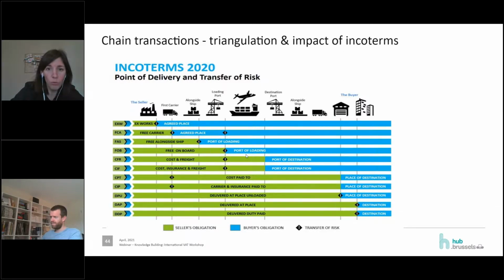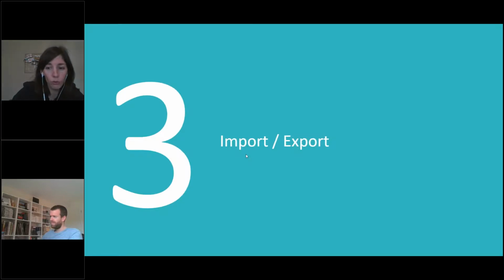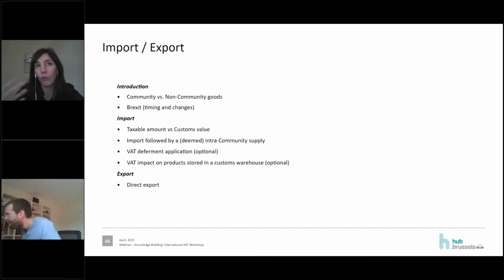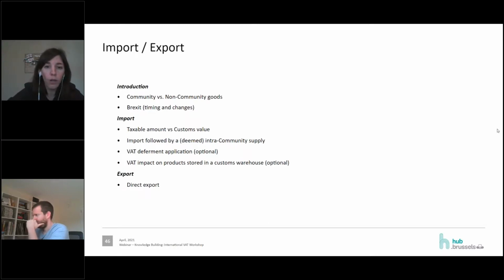Then let's move on into the third section of our presentation, maybe more far in terms of territory of your counterpart. Now you're talking about transaction from Belgium to another non-EU country or the other way around, non-EU country into Belgium.